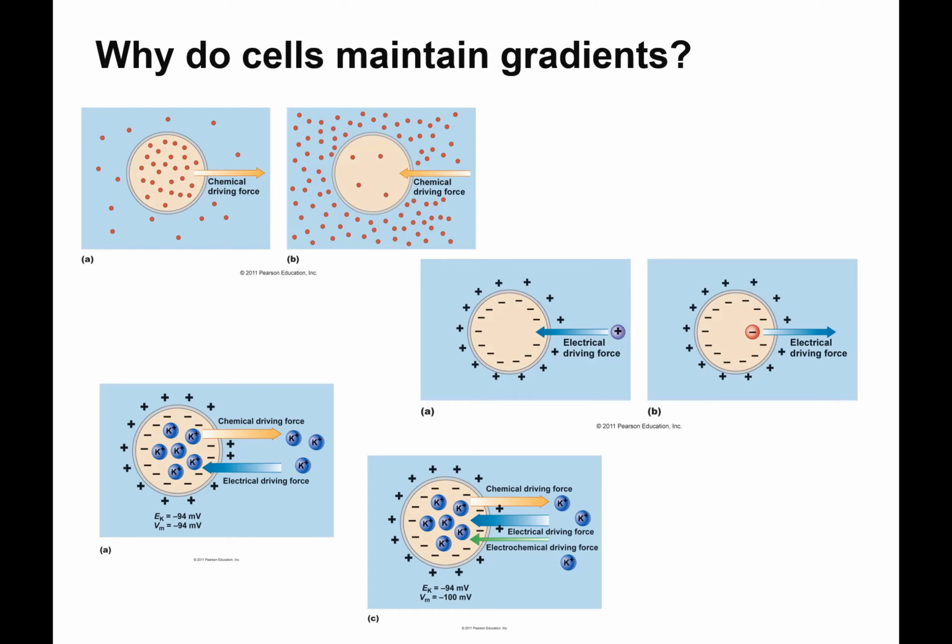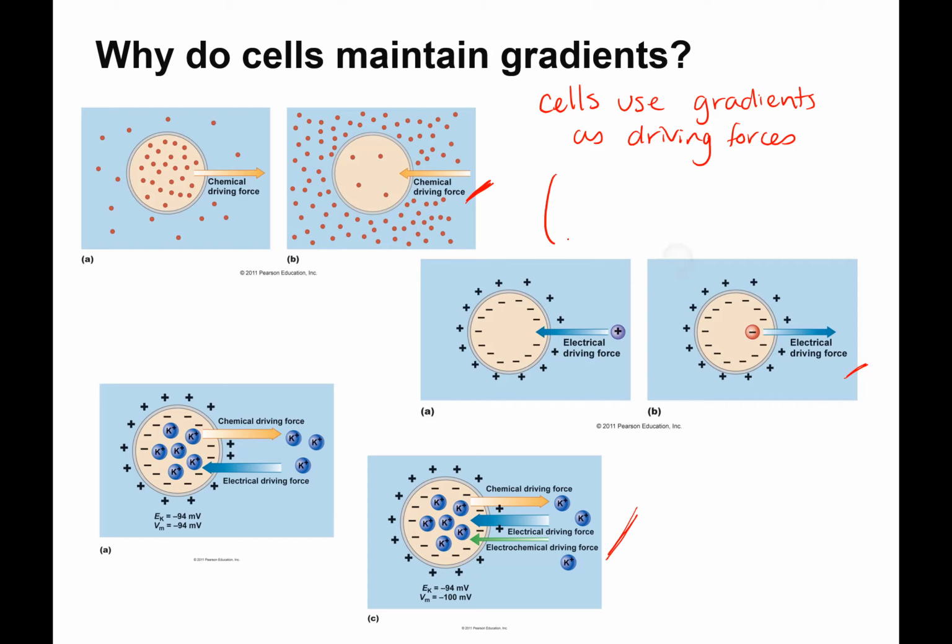So why do cells have gradients? Well, cells use gradients as driving forces. I'll just write that. Cells use gradients as driving forces. Okay. So you can have a chemical driving force, you can have an electrical, or you can have an electrochemical driving force.